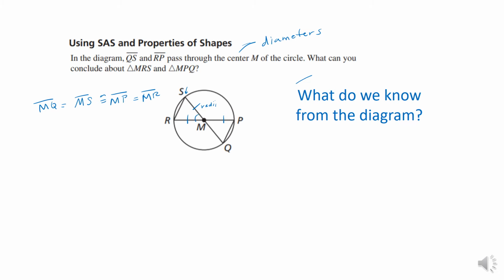Again, I'm going to look at those vertical angles, and I'm going to say that triangle MRS is congruent to triangle MPQ by side angle side. Okay? So that is a really good little proof. And this is how we do proofs without really putting them in formal order. And that's pretty much all you'd be asked to do in a regular IM1 class.